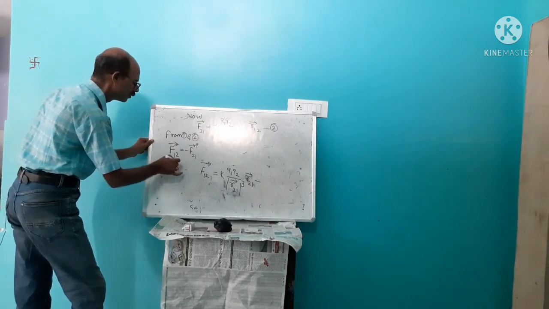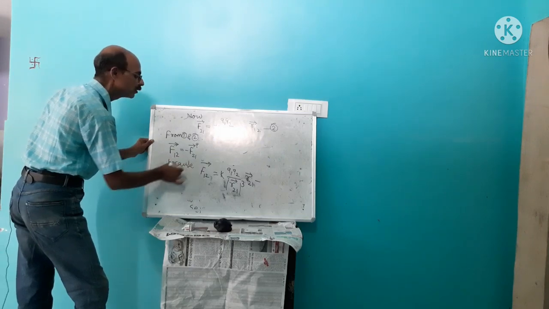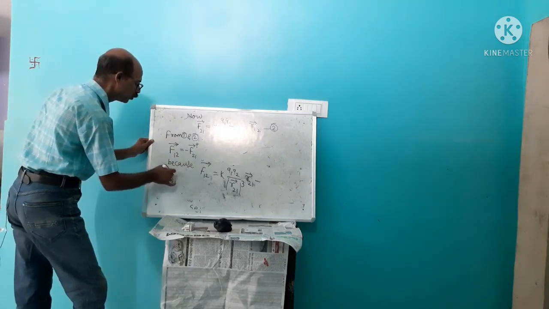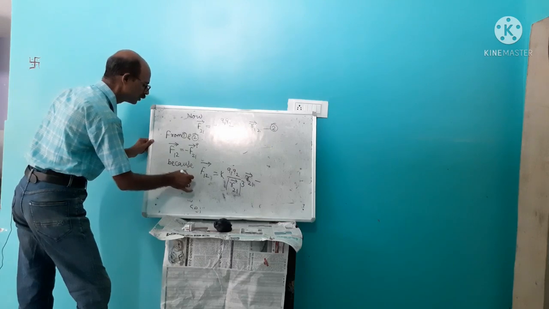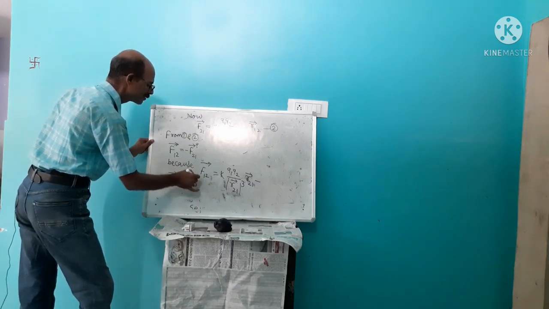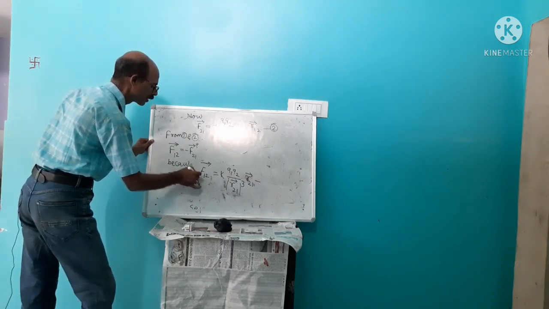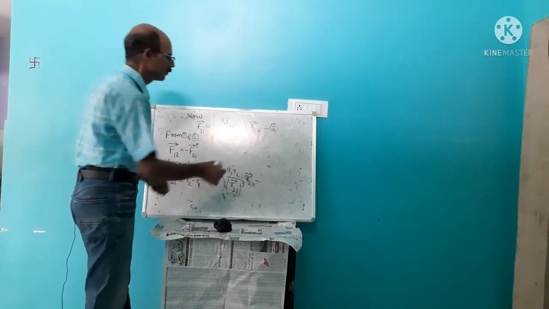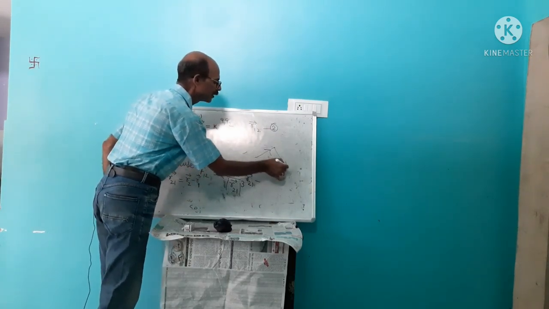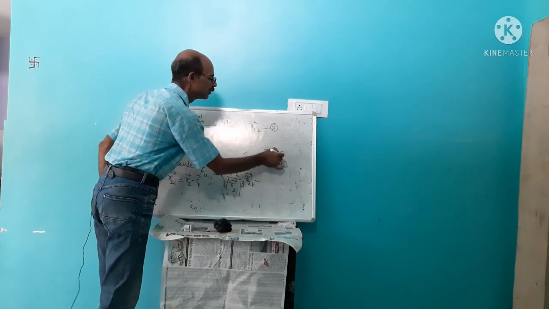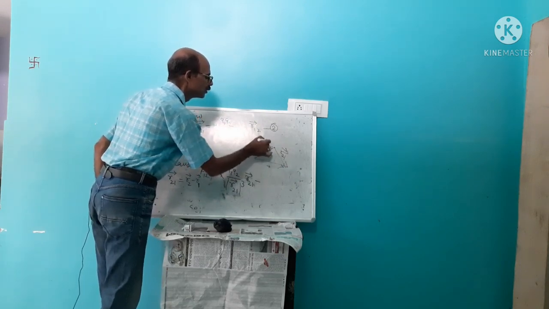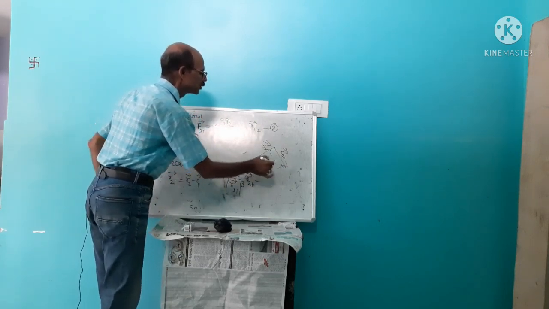Because R21 is equal to vector R2 minus vector R1, as we had discussed in the triangle law.